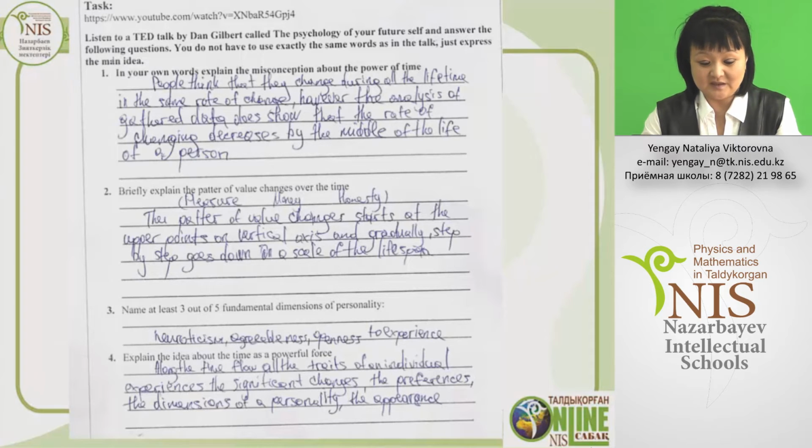As you can see, most of the questions contain the word explain to identify the implied meaning of the suggested concepts. The first, in your own words, explain the misconception about the power of time. The next, briefly explain the pattern of value changes over time. Explain the idea about time as a powerful force.